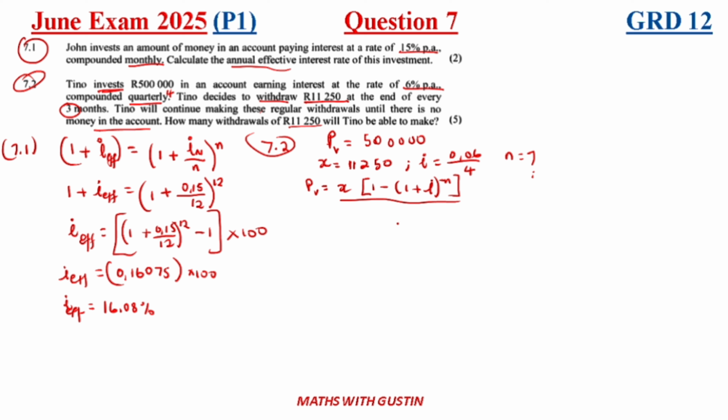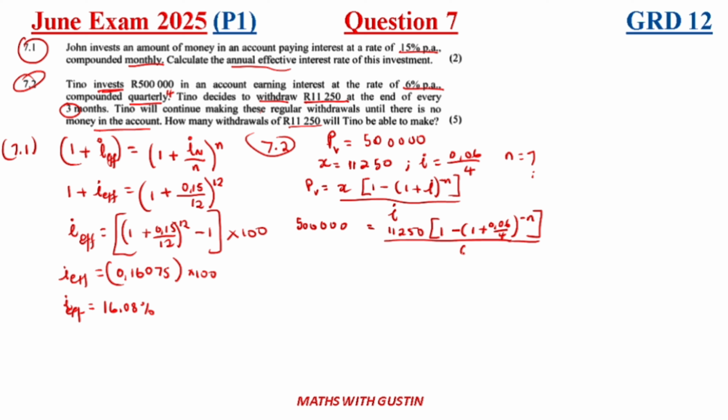Divided by i, so we're going to have 500,000 on this side equal to 11,250 all over, close bracket, times 1 minus 1 plus 0.06 over 4 to the power of minus n, because we are looking for n right there.